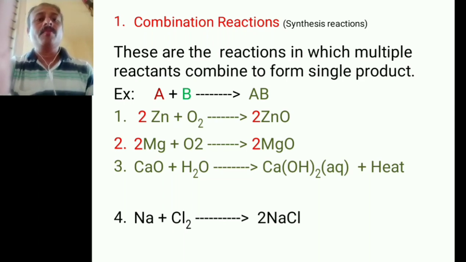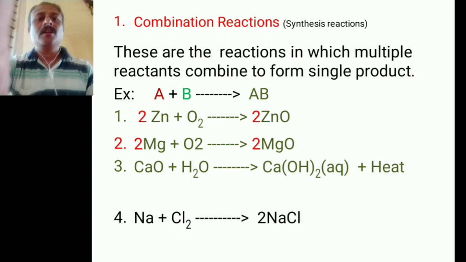In the combination reaction, multiple reactants combine to form a single product. That's an important thing. Two or more reactants are involved in a chemical reaction, and all together combine. Finally, they form a single product, and such chemical reactions are called combination reactions, or synthesis reactions.